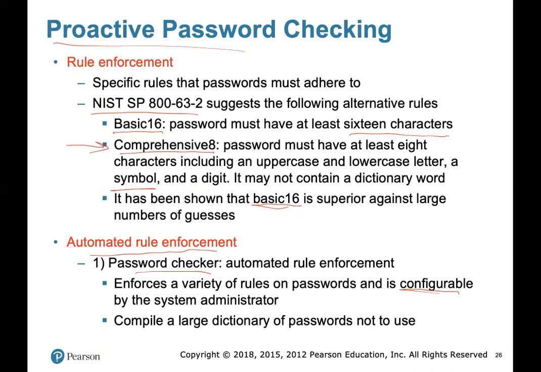They may also compile a large dictionary of passwords, which is one way to implement password checkers. They compile a dictionary of passwords which shouldn't be used. If you use one of those passwords, the system rejects your password. They say this is not strong enough, this is not good enough.